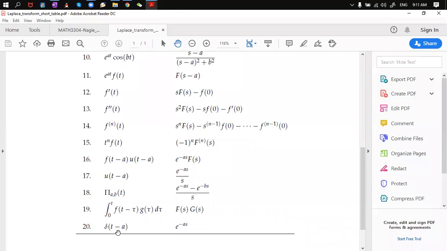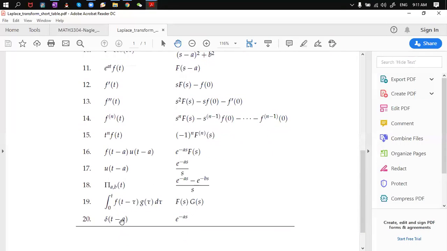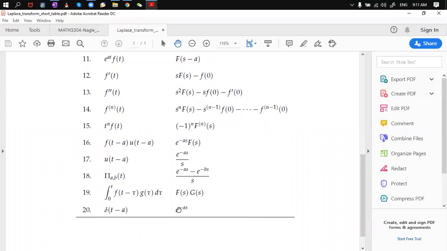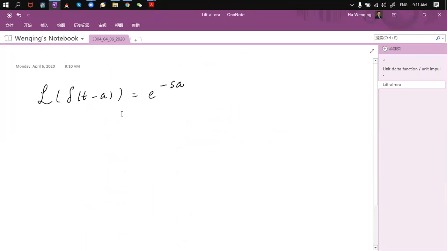It's on the last line of the table, where if you have delta of t minus a, under the Laplace transform it will be transformed to e to the power minus a times s. So this is kind of nice, and let me look at this once more.